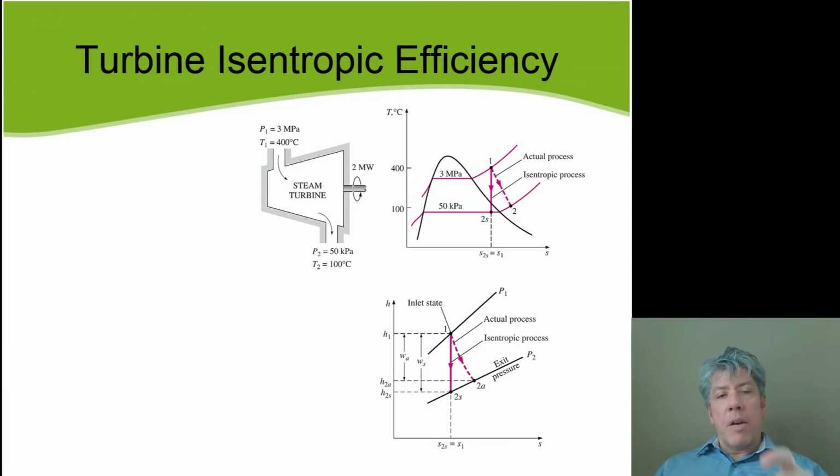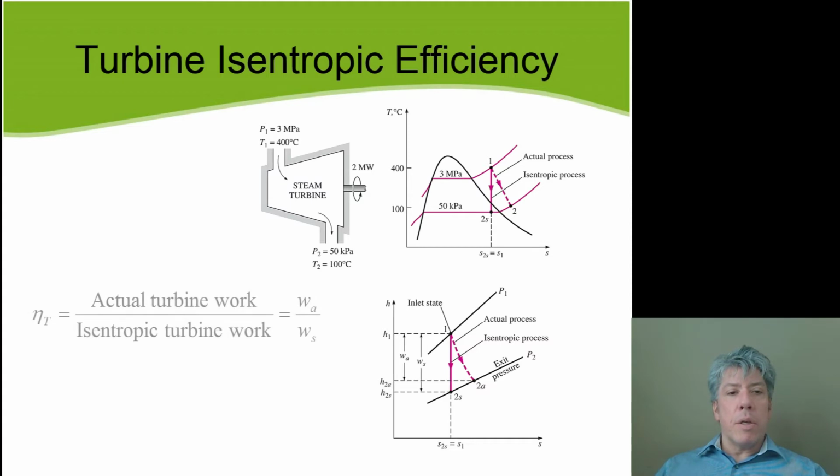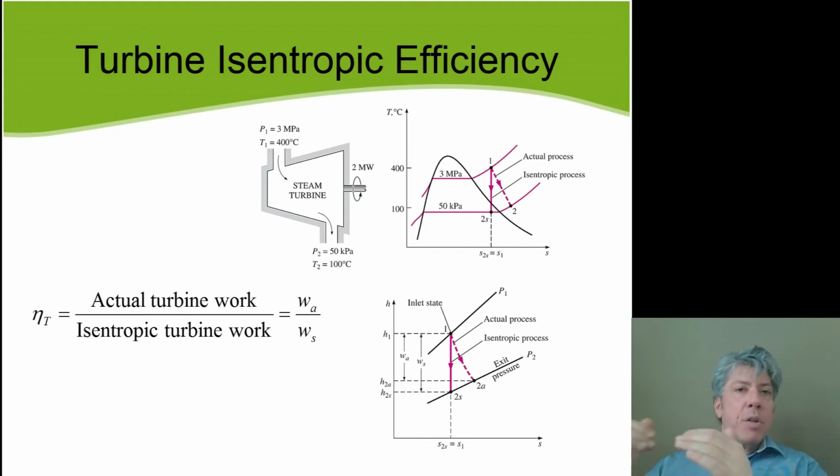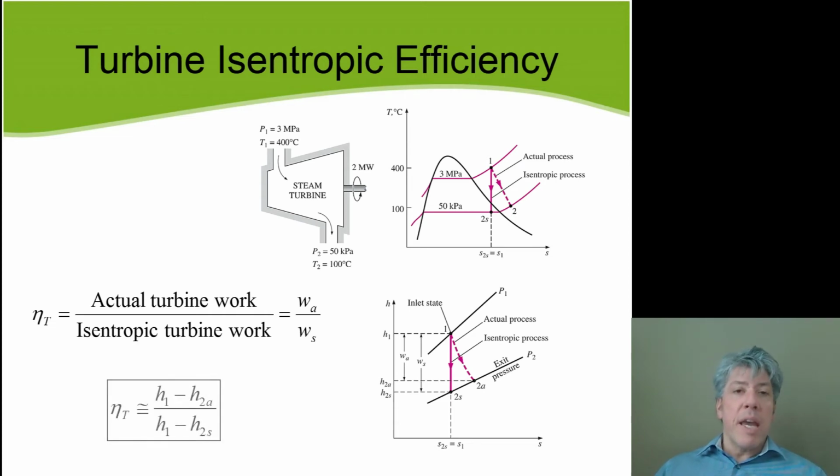So since the amount of work we get out is proportional to the enthalpy change between those two processes, what we can do is define an isentropic efficiency for turbines and say it's the actual turbine work output over what we ought to get, which is the isentropic turbine work output, which would be the specific work in the actual case over the specific work in the isentropic case. And we can write this approximately in terms of the enthalpy changes between those.